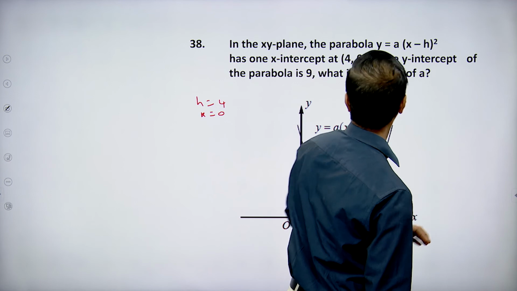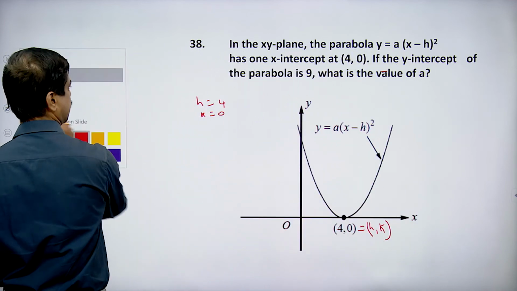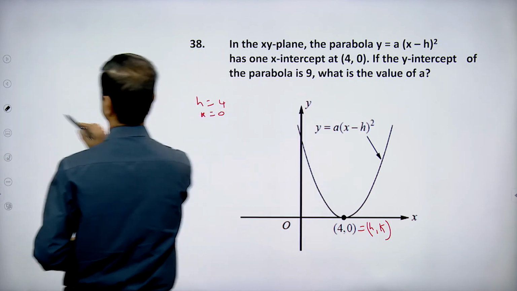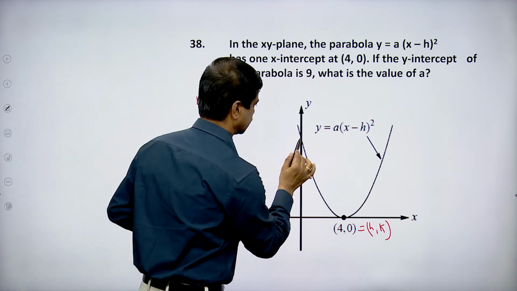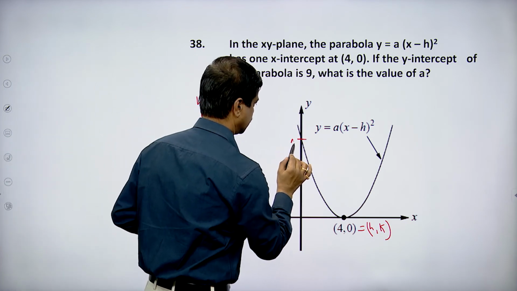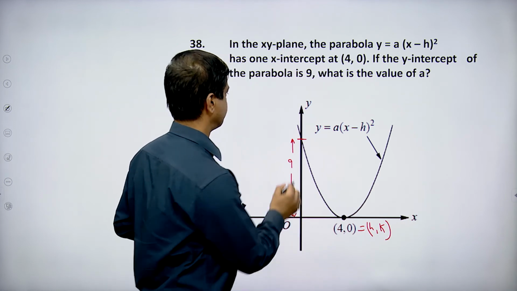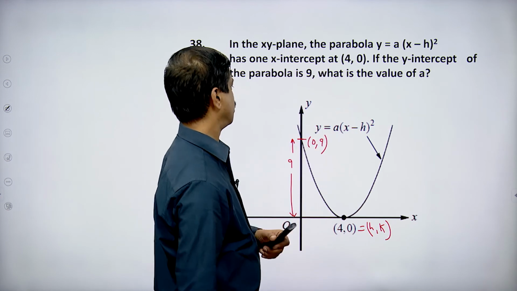If the y-intercept of the parabola is 9, so where is the y-intercept? This. He said 9. Y-intercept is 9, means this point is 0, 9. Then what is the value of a?